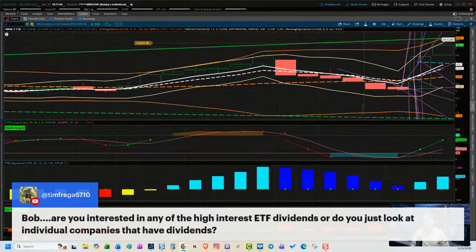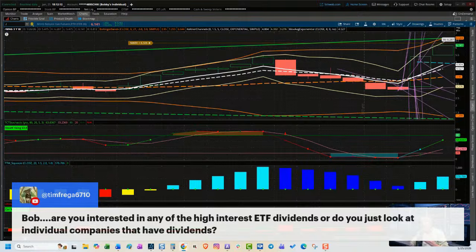Why? It's because we look to get paid by two streams of income. One, the dividend. Two, share price appreciation. Natural gas just broke support. If you have a high yielding ETF, the price generally doesn't move all that much.